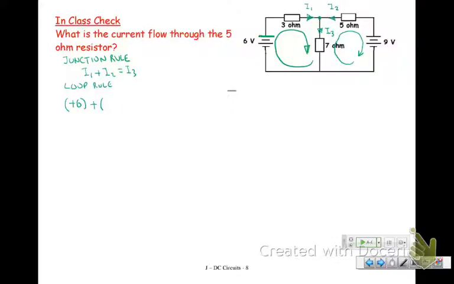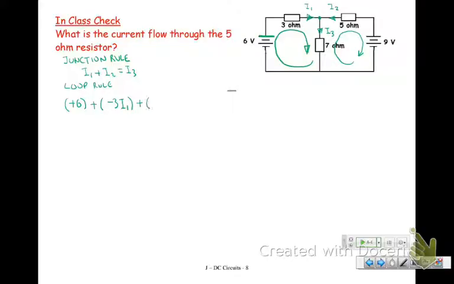Now this is 3 ohms and I1 is going through it, so it's going to be 3I1. That's the magnitude of it. But I look and say, oh look, my current is flowing from left to right and my loop is going from left to right, so that's negative.